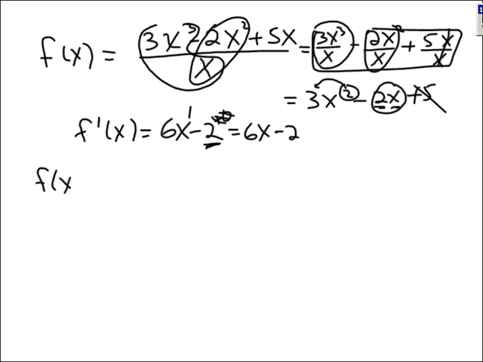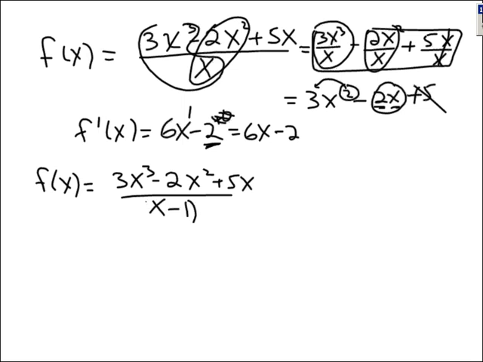And now if I change it ever so slightly, if instead of x I put x minus 1, that's a quotient rule problem. The quotient rule, other than that minus in the middle, is very similar to the product rule.